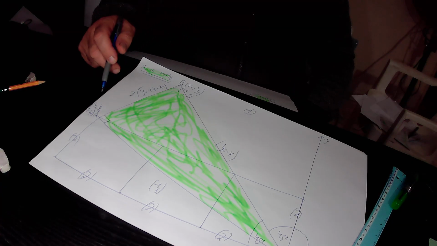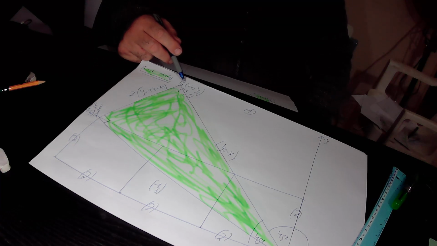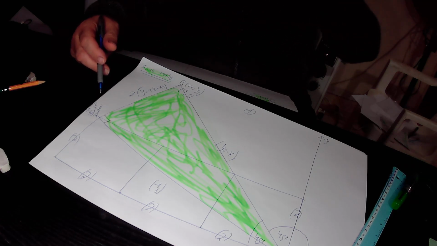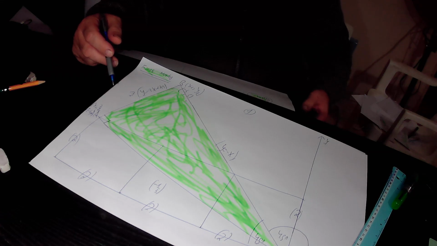So x2 minus x1 squared equals minus 5 minus 6. Minus 5 minus 6 is minus 5 plus 6, and minus 5 plus 6 is 1, and 1 squared is 1.